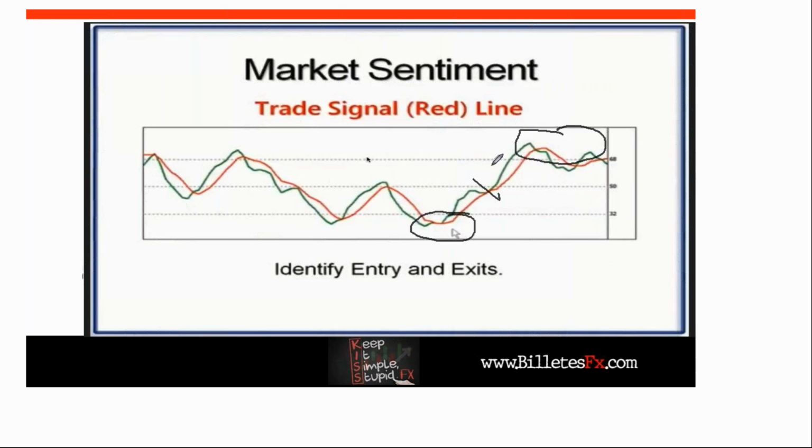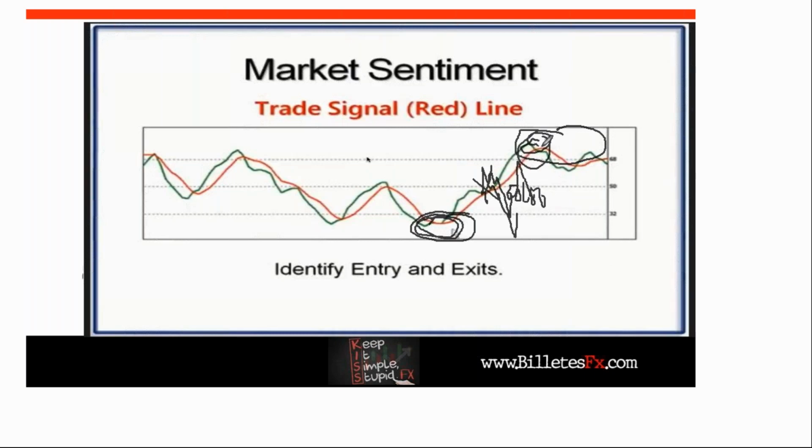I don't want this, because at this point the trade could go either way. It could go up or it could go back down. I'd rather you take the highest percentage trade, which is in here for sells, here for buys. In the middle, it's like a 50-50. It can go up, down, back up.